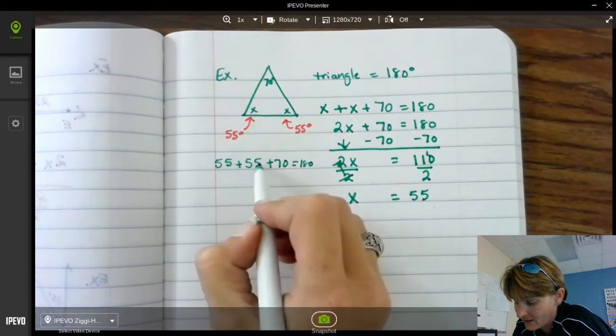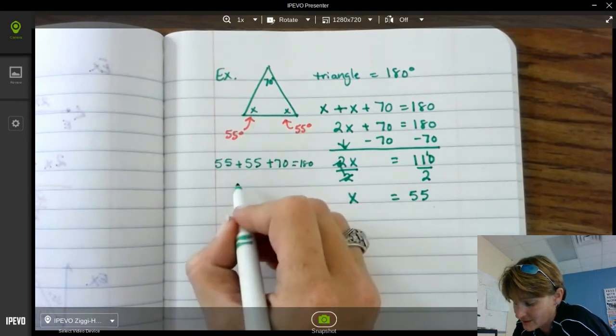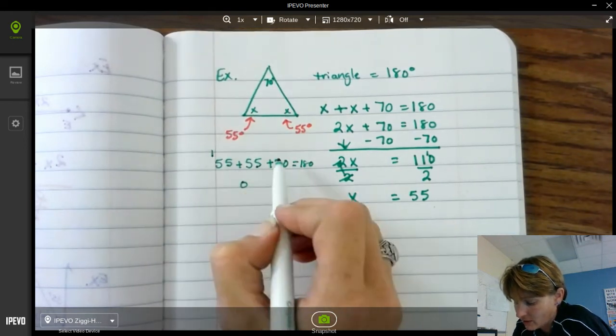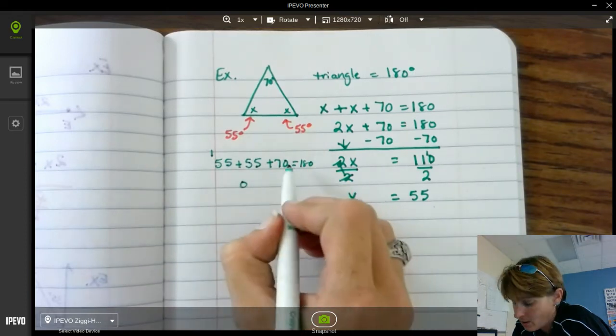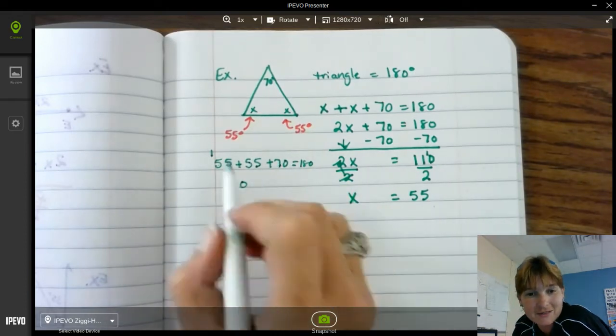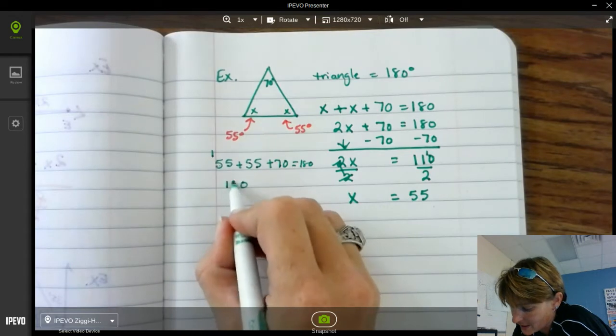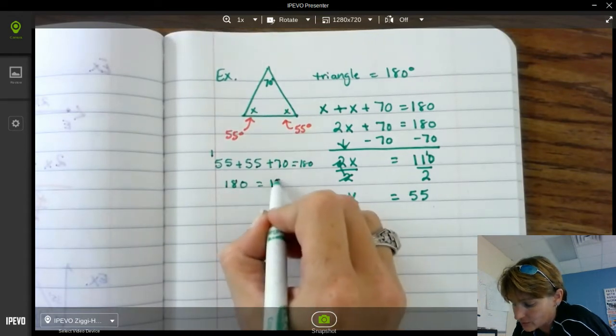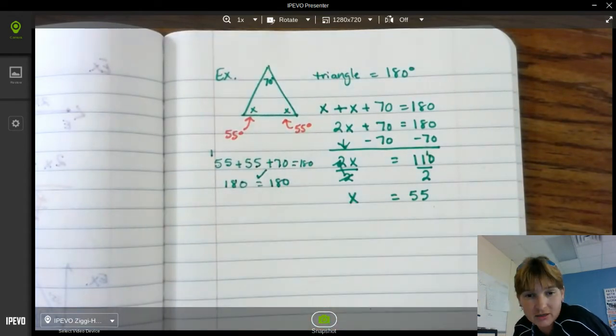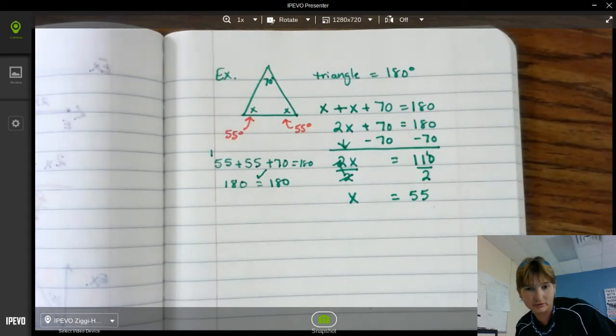Well, 5 plus 5 plus 0 is 0. Carry the 1. 5 and 5 is 10, plus 7 is 17, plus the 1 is 18. So 180 equals 180. Check. That's what we're looking to do.